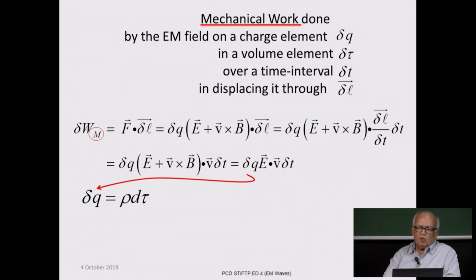Delta Q is nothing but rho times delta tau, the charge density multiplied by the volume element. What is the velocity V? It is the current density vector divided by the charge density.